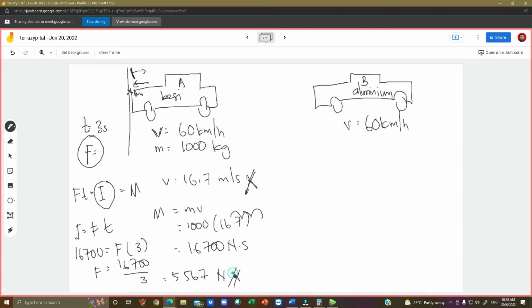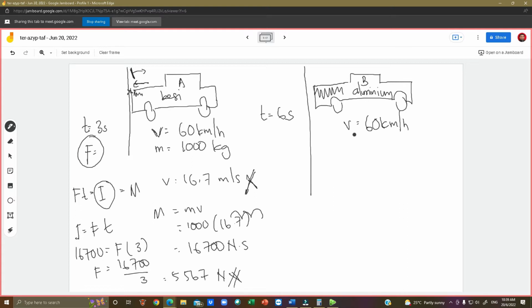These are the amount of force inflicted to the car. Okay, kereta yang kedua. Since it is aluminium, so the crumpling action will take longer. Tadi 3 saat. Yang ini mungkin dia punya crumpling action sebelum bounce back is around 6 second. Double up the iron rod.